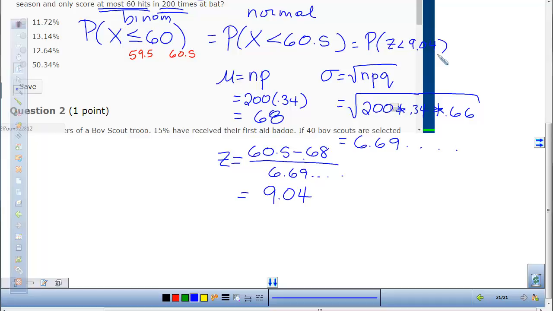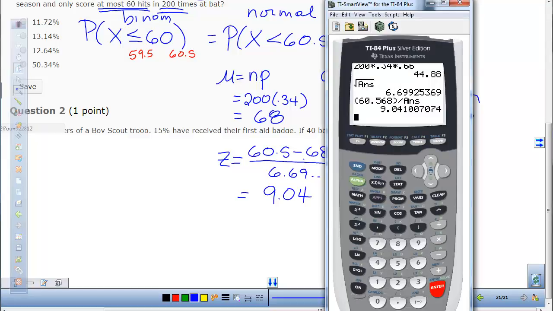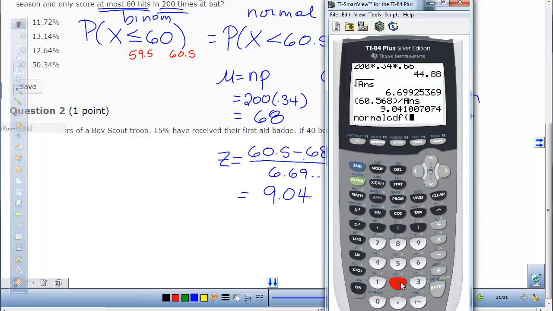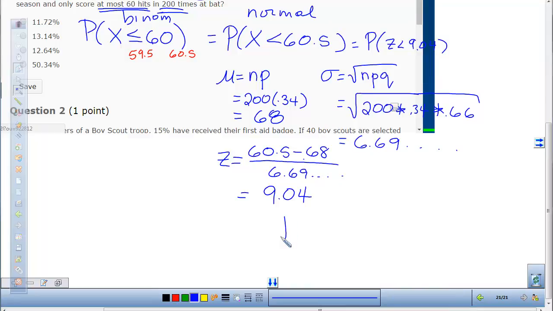I would use my calculator, normal CDF, from minus infinity to 9.04 and enter. And we get 1, and that's wrong.